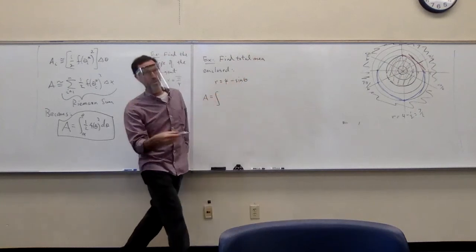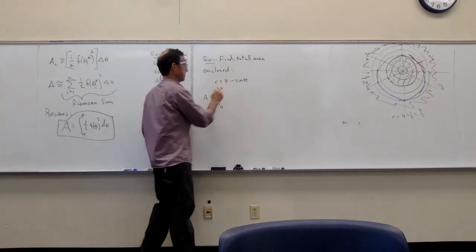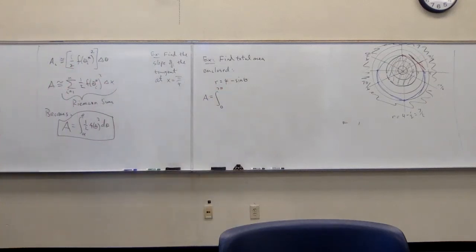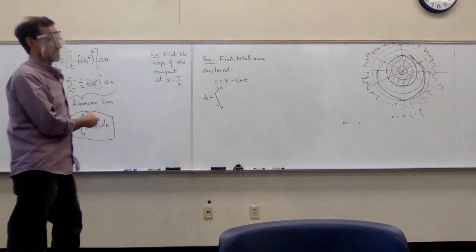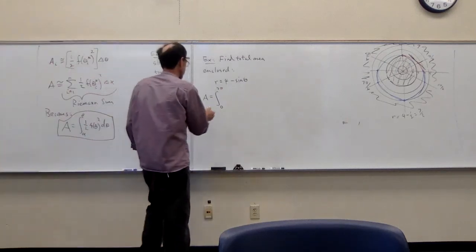For the total, we just want to go all the way around the circle, 0 to 2 pi. Period is 2 pi. We're not changing the period. I'll post an example where we are changing the period. I'll post a picture of it, maybe a video of a picture of it.